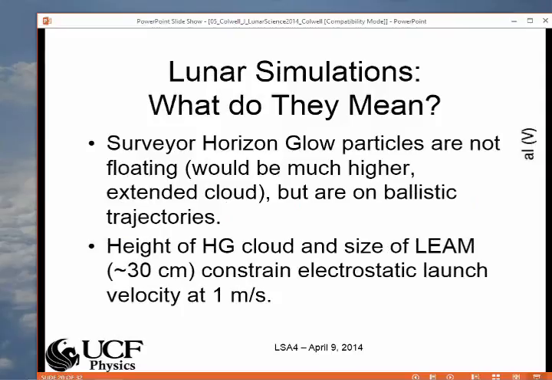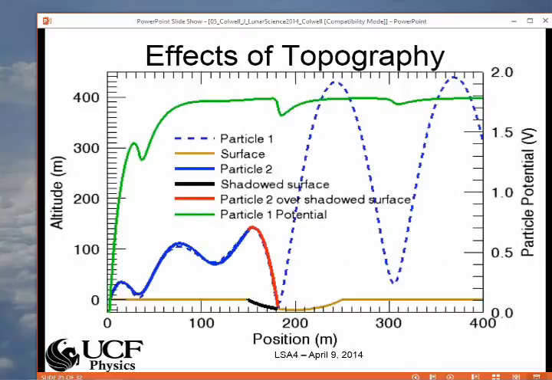We're going to zoom in again on the lower corner here, and just to show you some of the various complicated trajectories that you can get depending on the particle size, what the photoelectron current is, and a lot of these properties that are not well understood. So, what do these simulations from the moon mean? They tell us that the Surveyor horizon glow particles are not floating, but are on ballistic trajectories, or perhaps slightly modified ballistic trajectories.